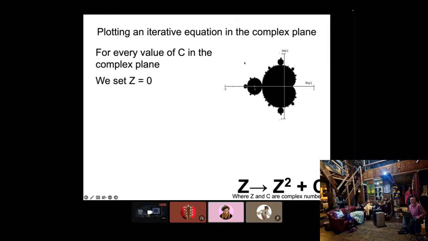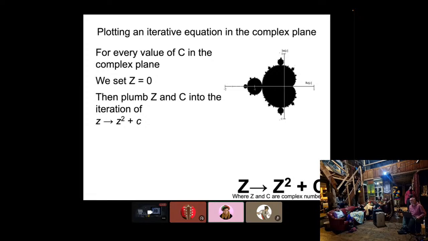So we're going to go through all those numbers that appear on that. We're going to set Z, the starting point, to 0, and then for every value of C.